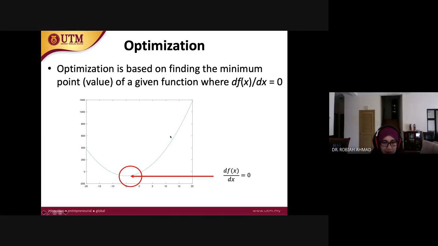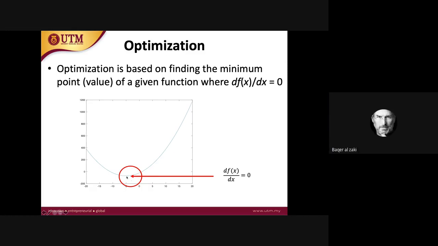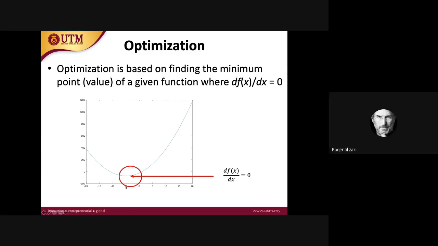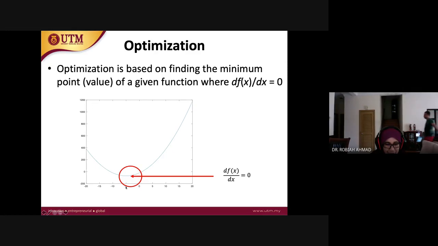So this is a function. We want to find what is the minimum point here, as well as what is the value at that minimum point. So in this particular example, we have about minus 5. The x is minus 5, and the function value f is equal to 0.